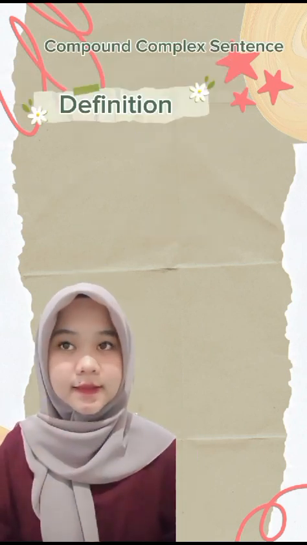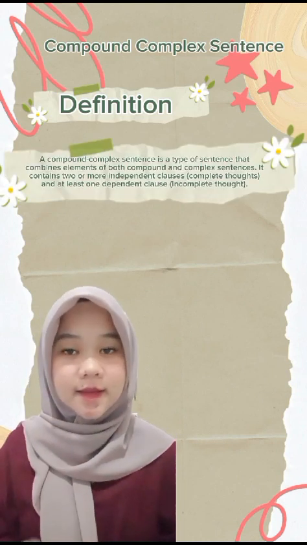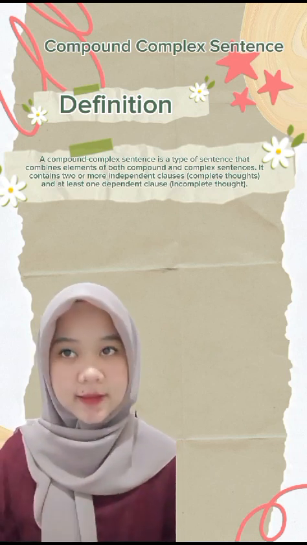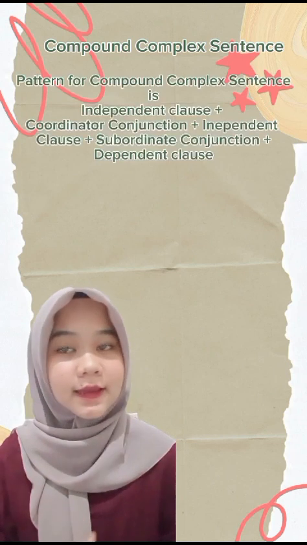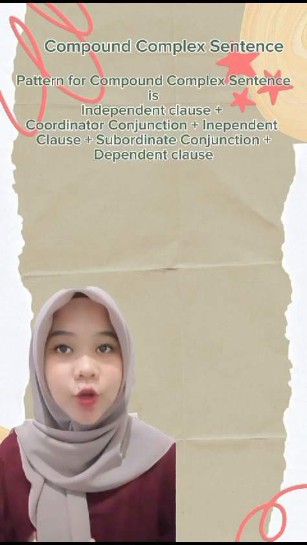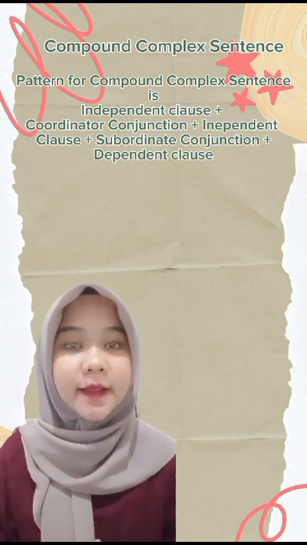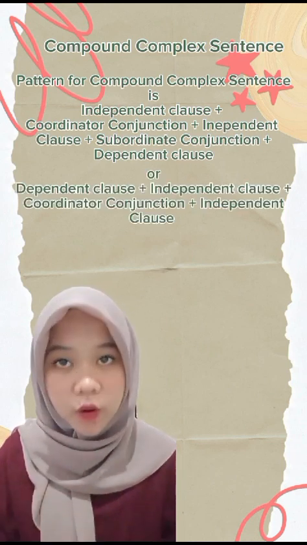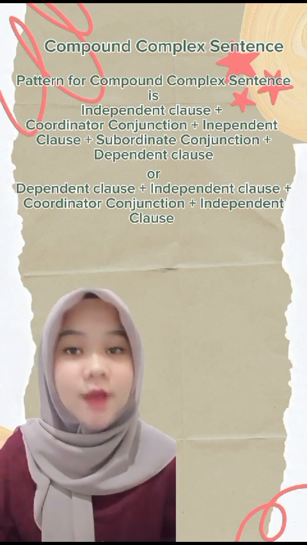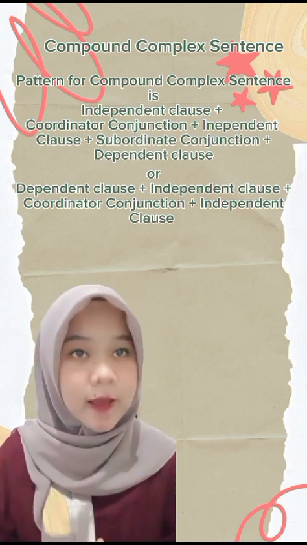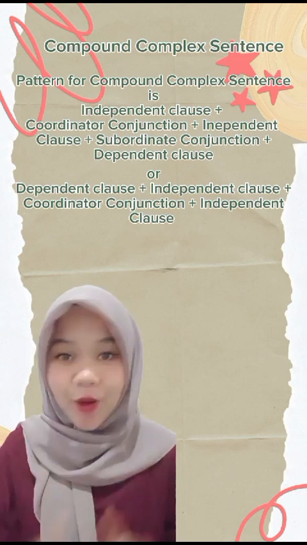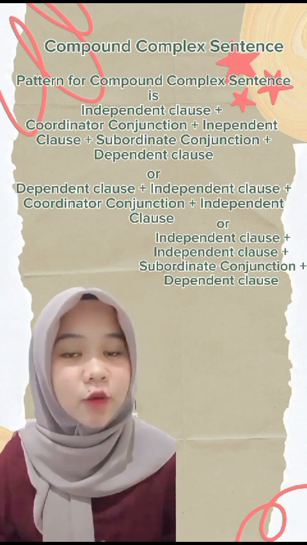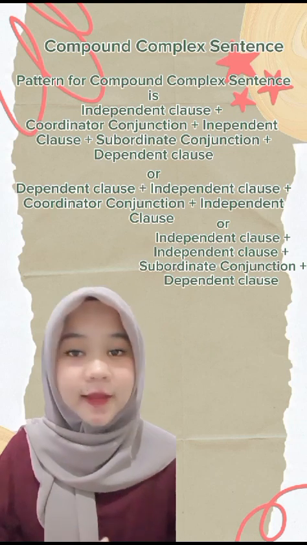Compound complex sentence. A compound complex sentence is a sentence that combines elements of both compound and complex sentences. The pattern of a compound complex sentence is independent clause plus coordinating conjunction plus independent clause plus subordinating conjunction plus dependent clause, or dependent clause plus independent clause plus coordinating conjunction plus independent clause, or independent clause plus independent clause plus subordinating conjunction plus dependent clause.